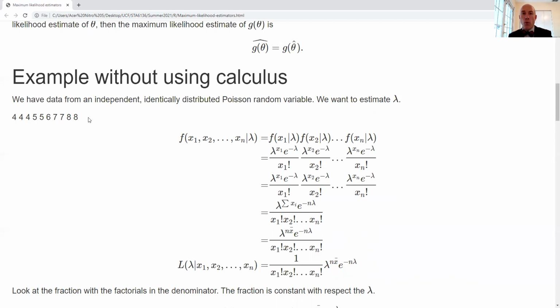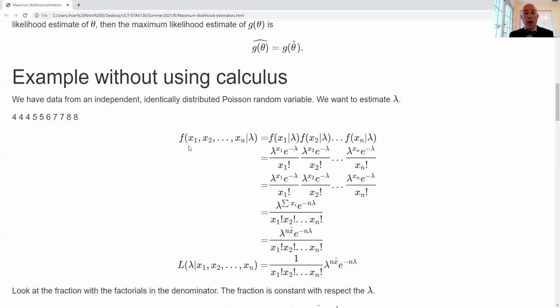I'm going to work through this and get my likelihood function, and I'm going to try and simplify things down algebraically to make things easy in the upcoming steps. So here is the distribution of the entire data set, all 10 points given lambda. Well, I have independence between my data points. Therefore, I can factor among each of these.